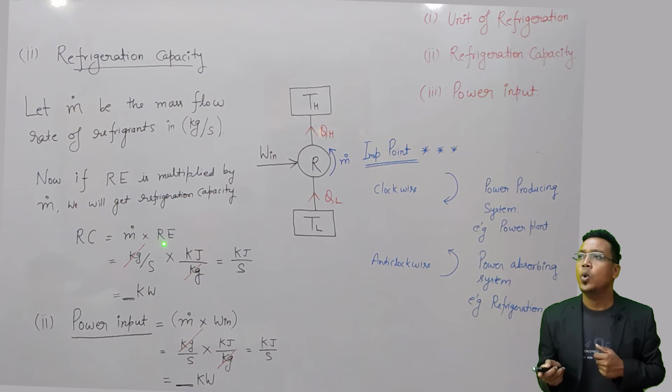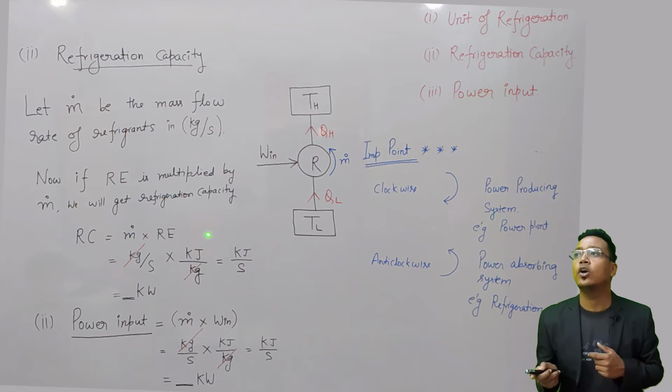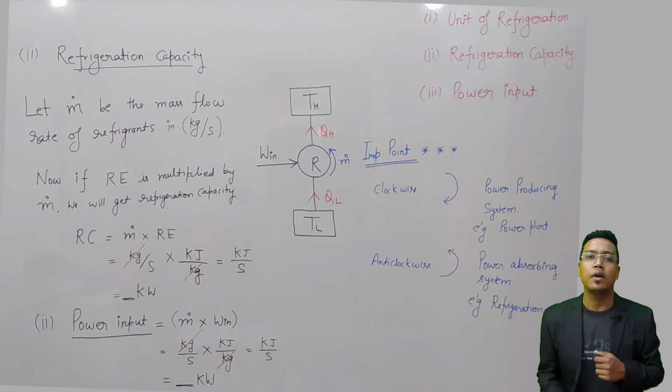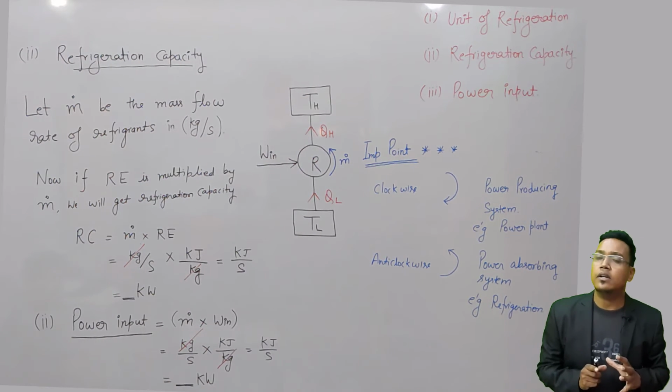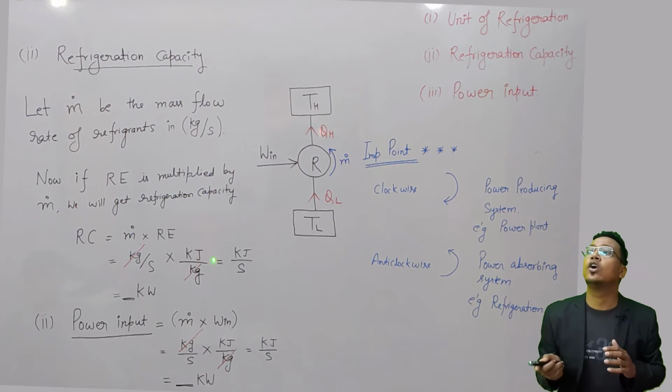This RE we can write in kilojoule per kg, because heat input is per unit mass, and mass flow rate is kg per second. The kg cancels, and we get kilojoule per second, which is kilowatt. Basically the refrigeration capacity is in kilowatt, and refrigeration effect is in kilojoule per kg.